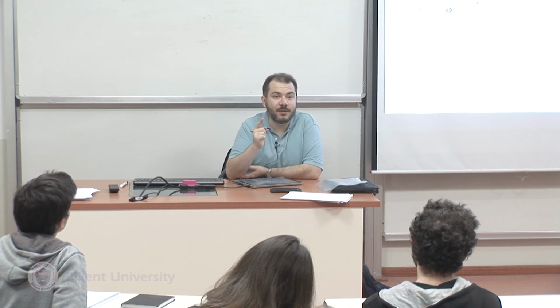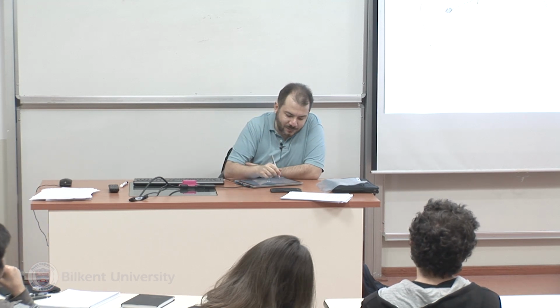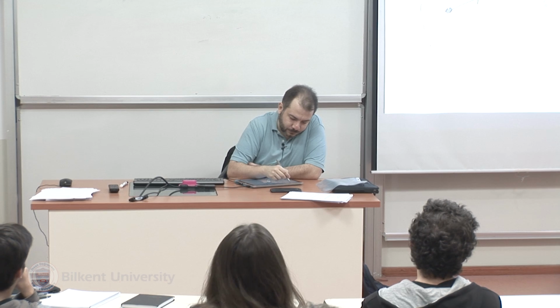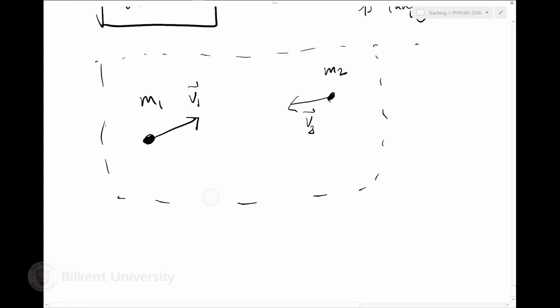But here is one thing I'm really sure of about these interactions. Whatever force the second particle is acting on the first one, an equal and opposite force is exerted by the first particle on the second particle.